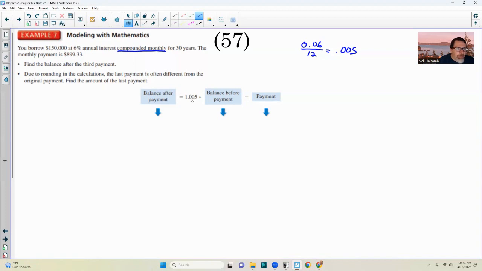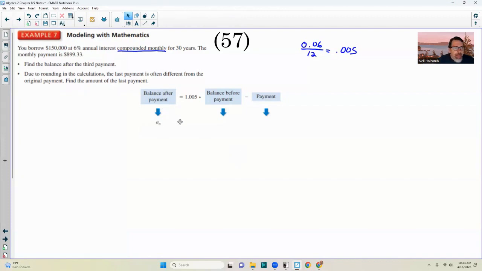So 1.005 is your initial payment plus 5/100ths% monthly. Okay, so then what do we do? So we have a balance after the payment is 5/100ths% more than the balance before the payment minus the payment, because they're adding interest monthly. So that's an increase. And then we subtract our payment. So we come up with a plan.